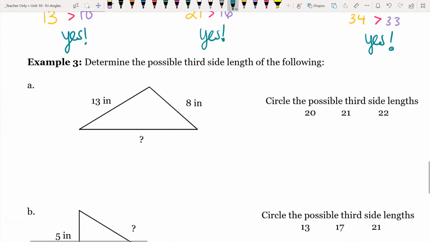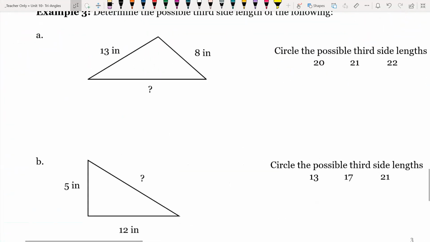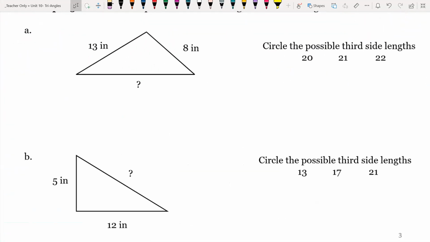Okay? So sometimes you might be given two sides and have to figure out the third side, right? So we're going to assume the third side is the longest. So we want to add up the two smallest. So we'll do 13 plus 8, and saying that has to be greater than the third side. So 13 plus 8 is 21. So 21 has to be greater than the third side.